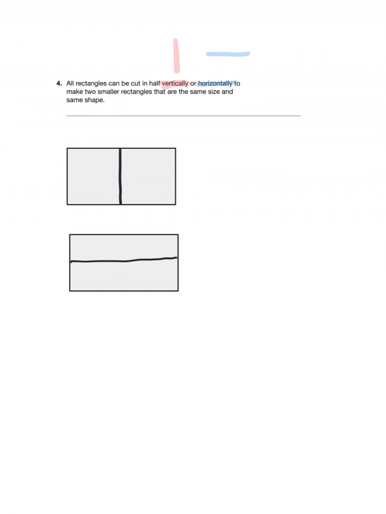Okay, all rectangles can be cut in half vertically or horizontally to make two smaller rectangles that are the same size and same shape.